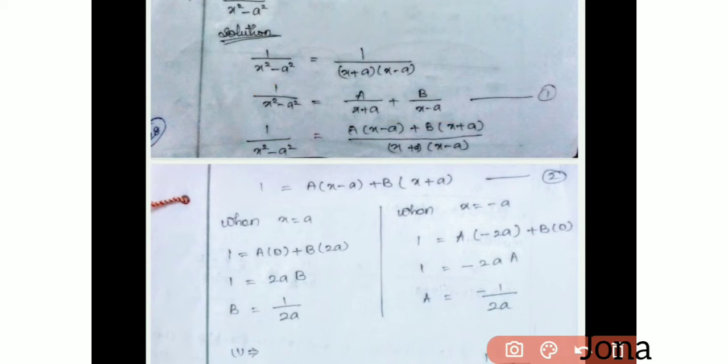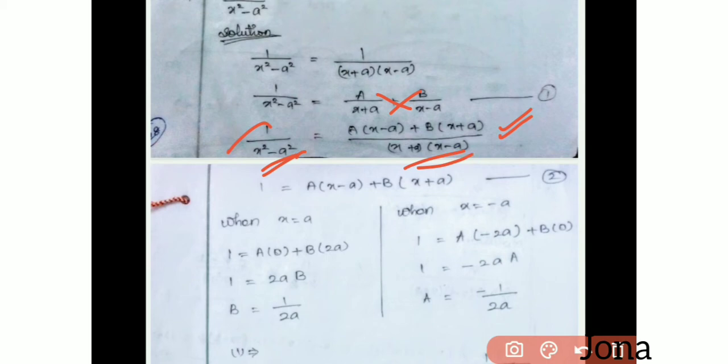Let me take the LCM on the right hand side. The LCM of these two fractions is x plus a into x minus a. For the numerator we cross multiply, so we get A into x minus a plus B into x plus a. Now look at the left hand side and right hand side. Both the denominators are the same, isn't it?